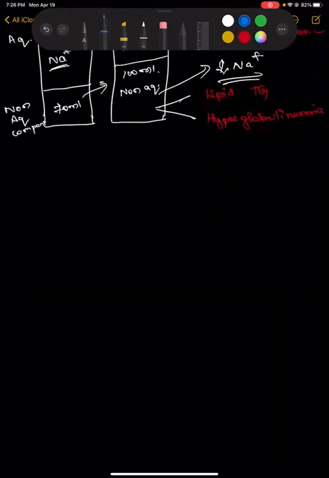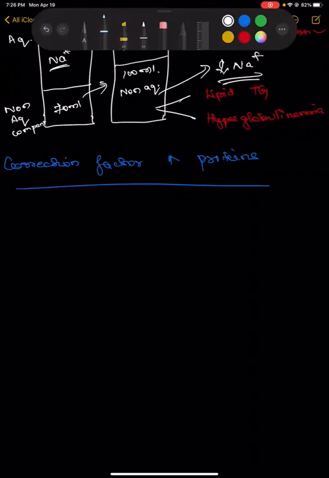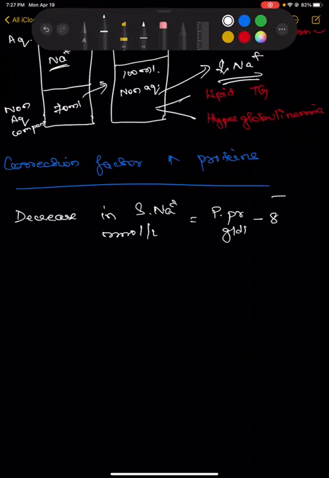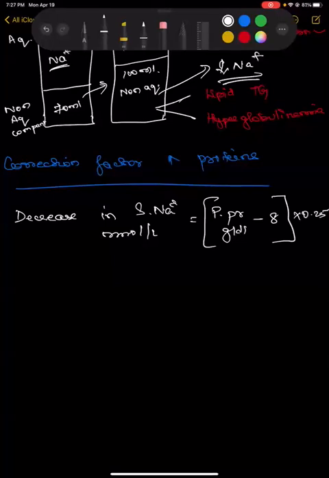For correction, in case of increased proteins, the decrease in serum sodium in millimoles per liter would be plasma protein levels in grams per deciliter minus 8, the normal permissible plasma protein level, into 0.25.